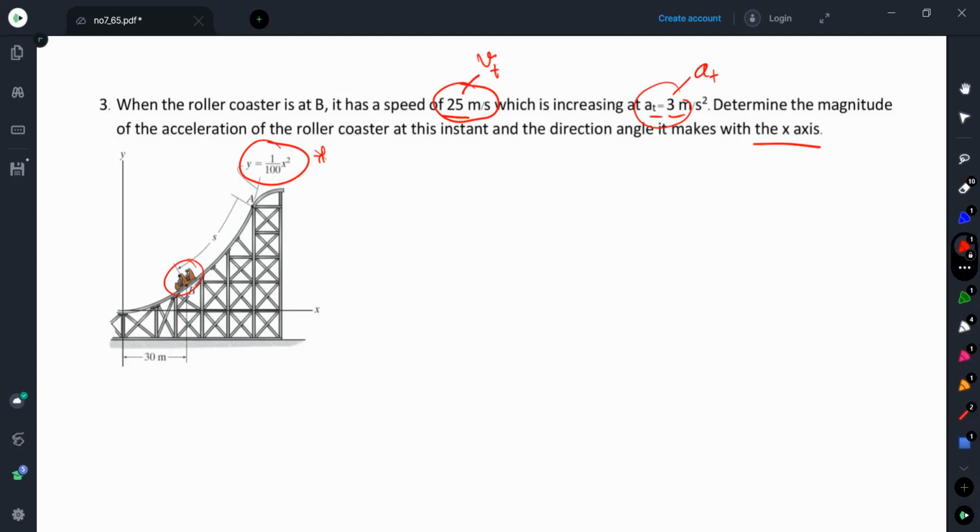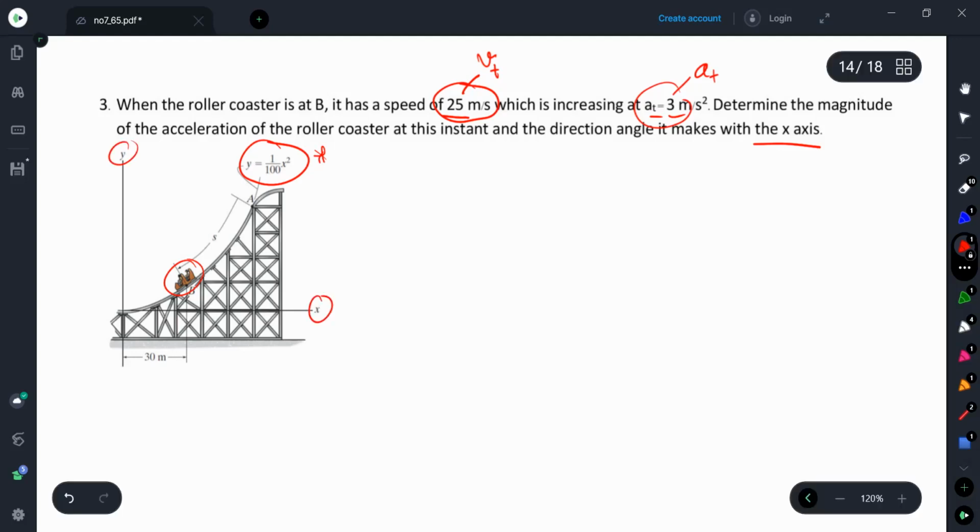For this case, what do you think? We could use the xy coordinate to solve this problem, or apply the normal and tangential coordinate system, or apply the radial polar coordinate system.